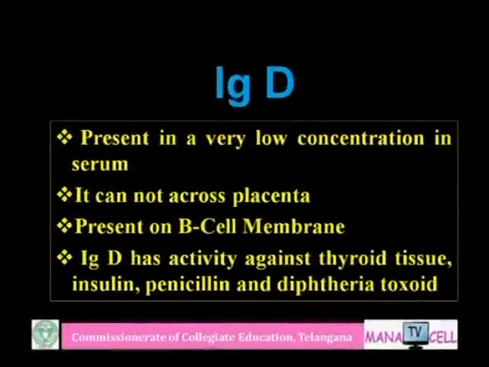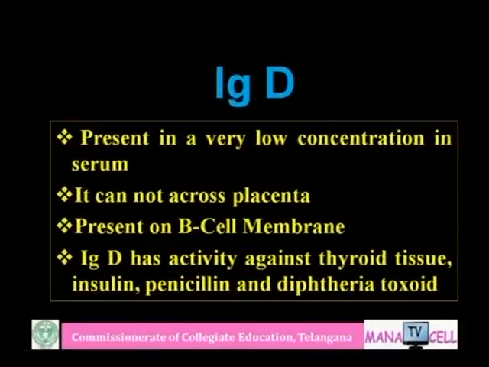The next one is IgD. IgD is present in low concentration in the serum. Basically it is present on the surface of the B cell. Because of the presence of IgD, the B cell is involved in the recognition of antigens in the blood, and also in the presentation of the antigen.